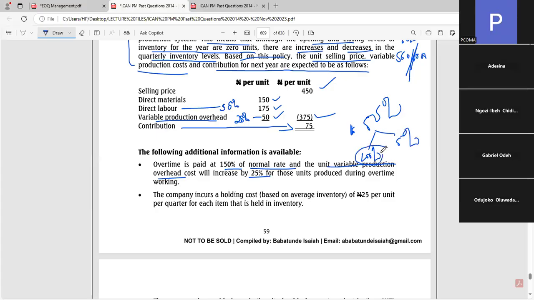The 100% you are seeing here is the normal labor that you are being paid, which is 175. This 50% is the additional. Don't let ICAN bobo you. This overtime is paid at 150% of normal rates is the same thing as overtime should increase by 50% of normal rates. I can just twist it, the same thing. So therefore, labor rate is increasing by 50%.